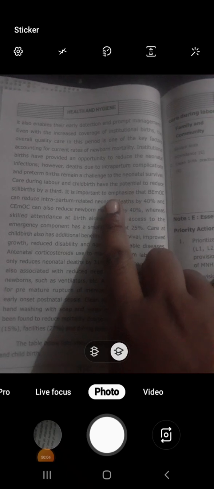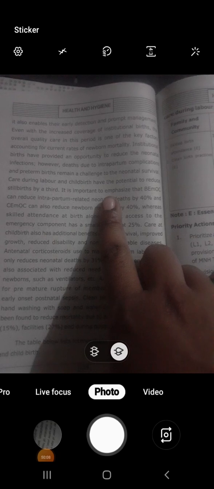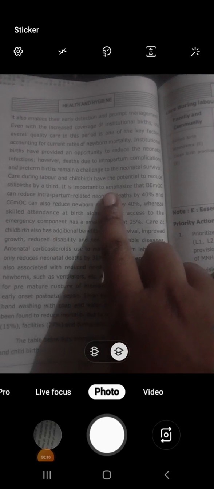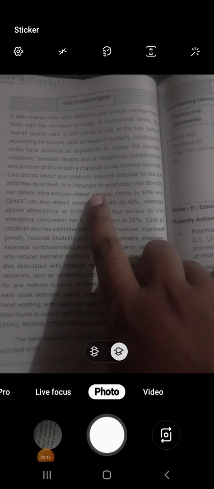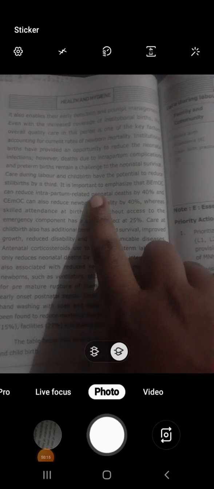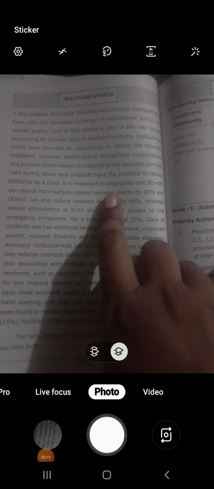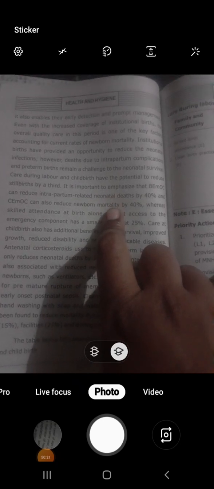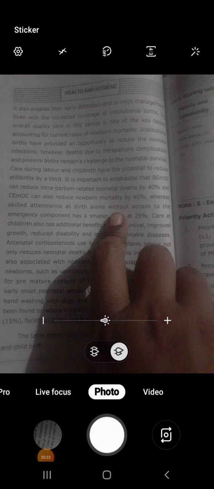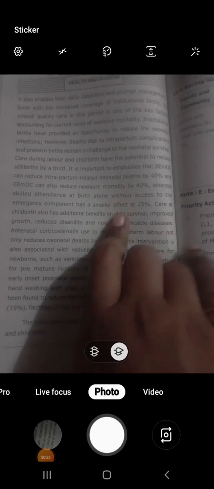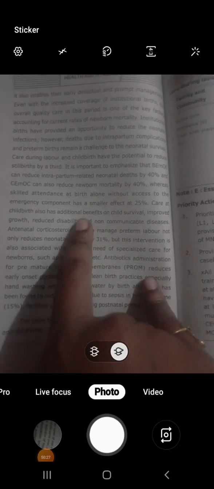It provides an opportunity; death due to intrapartum complications and stillbirths remain a challenge to neonatal survival, and there is potential to reduce stillbirths also. It is emphasized that this can reduce intrapartum deaths by 40%, and a smaller effect, that is 25%.